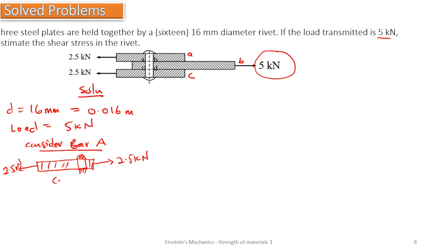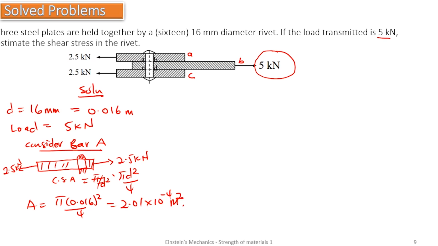So the cross-section area will be given as pi d square on 4. So we can calculate our area as pi. Our diameter is 0.016 square on 4, giving me 2.01 × 10 to the power negative 4 meter square. Therefore, from bar A, my shear stress is going to be the force.